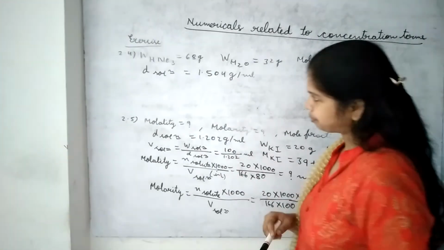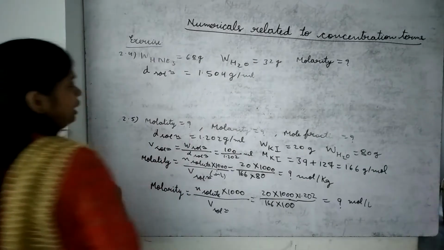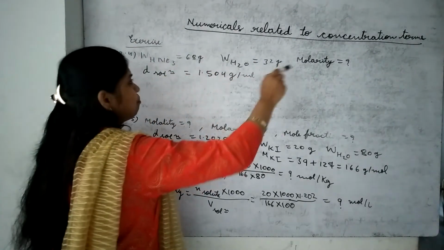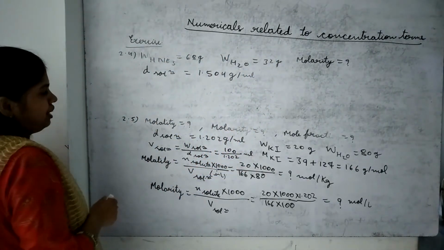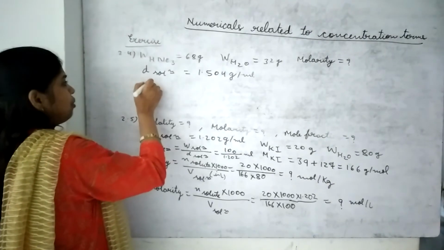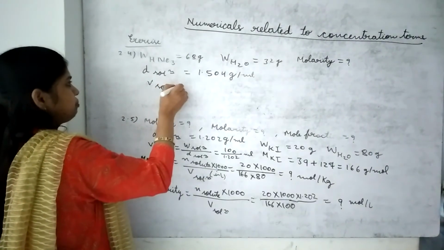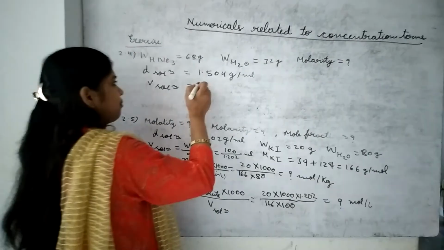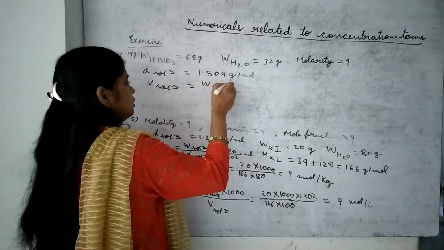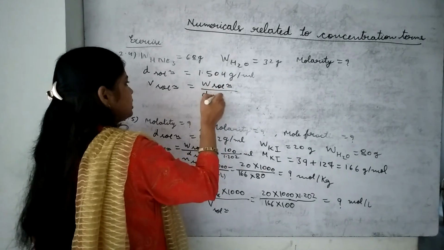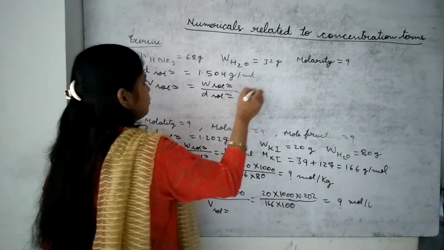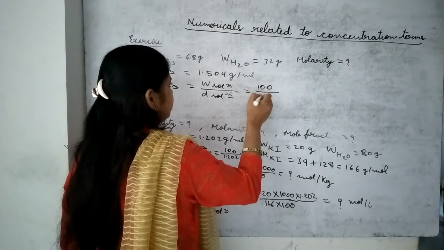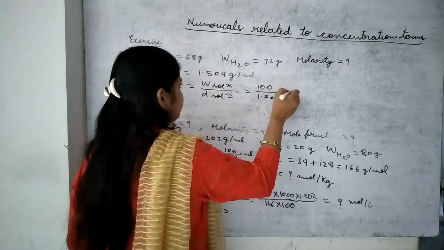Now density of solution is given. Total mass of solution is 100 gram again. So volume of solution is mass of solution divided by density of solution. It is 100 divided by 1.504 ml.